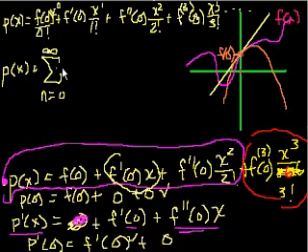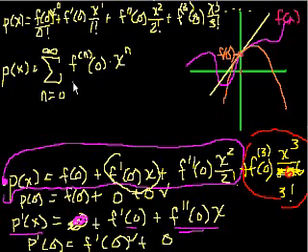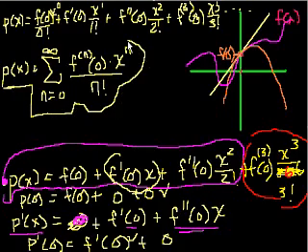Well, it's going to be the nth derivative of f, evaluated at 0, times x to the n over n factorial. This is the Maclaurin series, and we'll later learn that the Maclaurin series is a specific example of the Taylor series, which is a specific example of a power series.